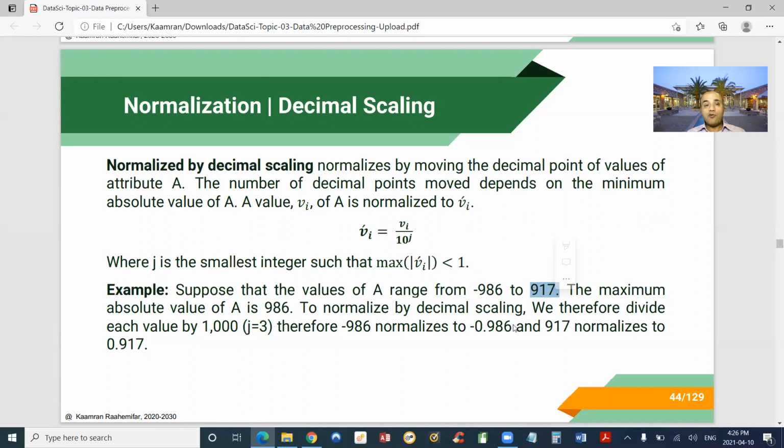If that's the knowledge you have, 1,000 means 10 to the power of 3. So this is going to be 10 to the power of 3. And then you can scale 986 and 917 by 10 to the power of 3. They are going to give you fractions, minus 0.986, plus 0.917. What does that mean?